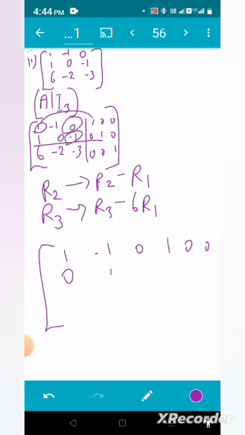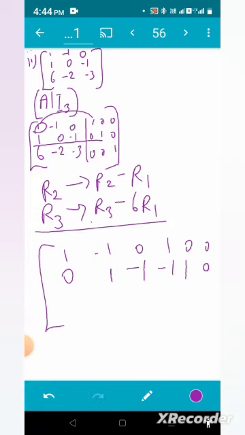Minus 1 plus 0 minus 1. 0 minus 1, that is minus 1. 1 minus 0, that is 1. 0 minus 0 is 0. So I get 0 1 minus 1, minus 1 1 0.